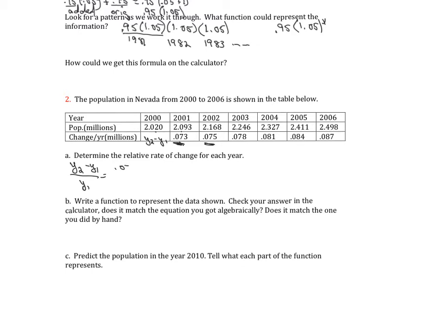So it's 0.073 divided by 2.020, that initial amount, and then 0.075 divided by 2.093, 0.078 divided by 2.168, and so on throughout the table. For each one of those, you would have gotten a value for that relative rate of change. Now, if you complete those, they're not all exactly the same. Stop the video now and complete your table.